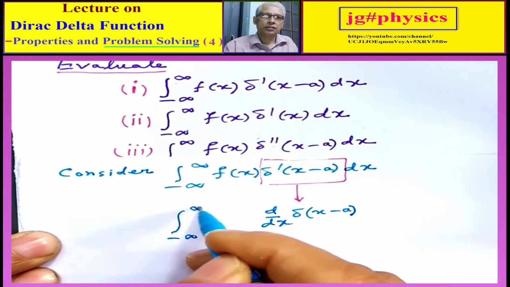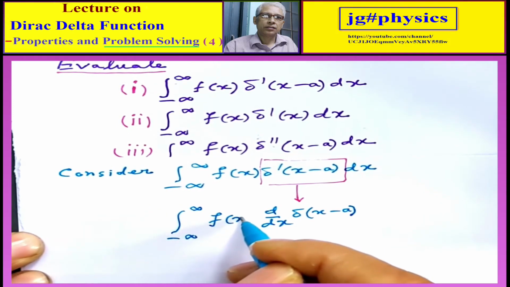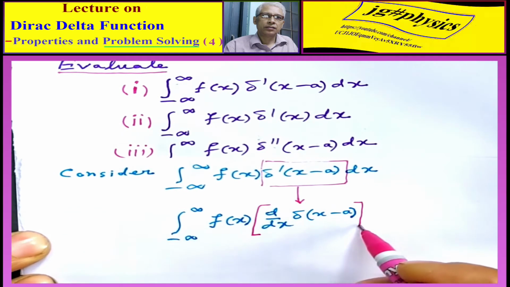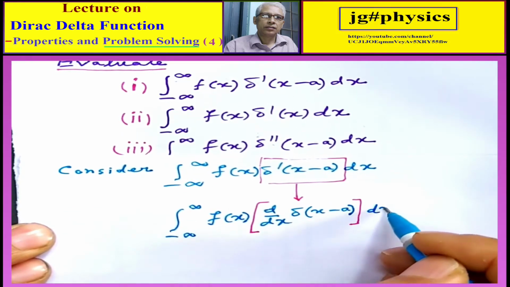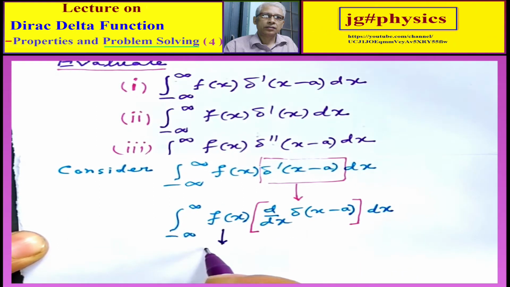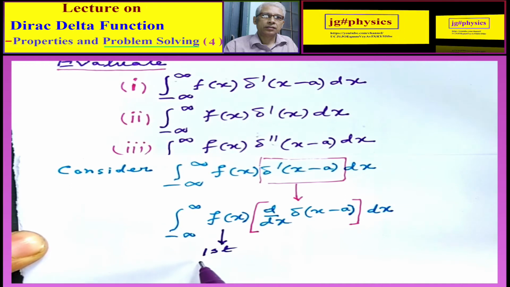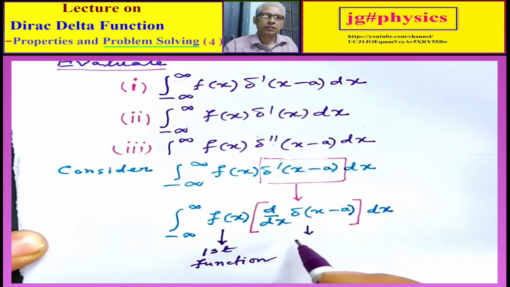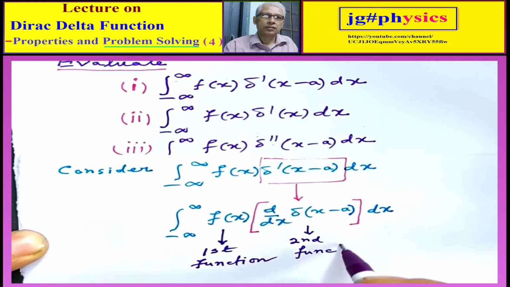So the integration is, and f of x is considered to be the first function, while ddx of Dirac delta x minus a is taken to be the second function.